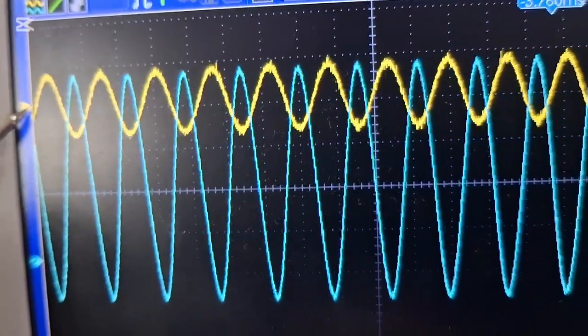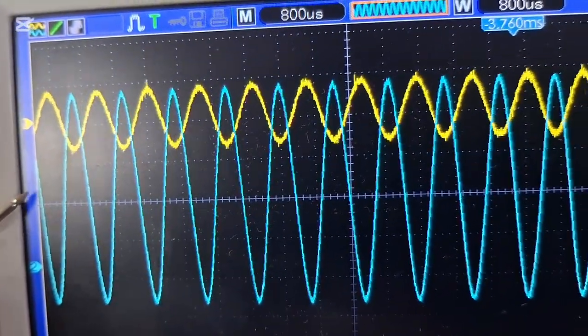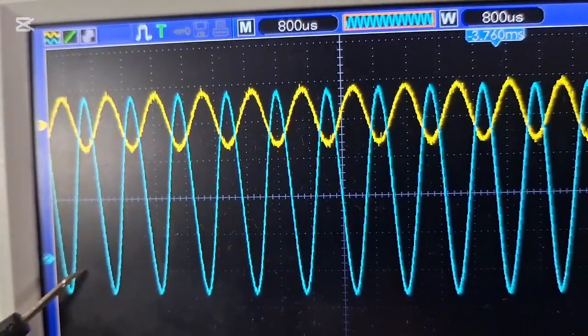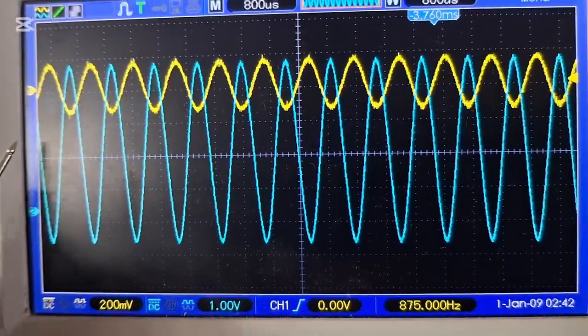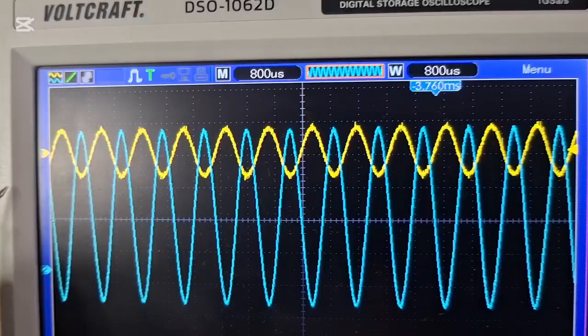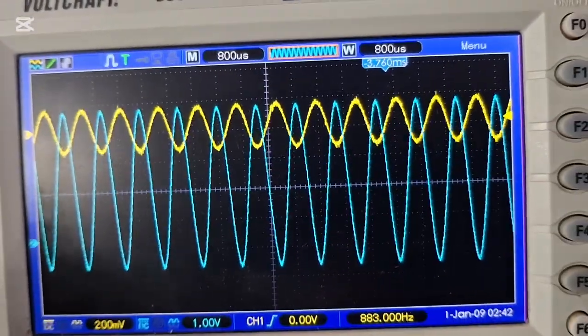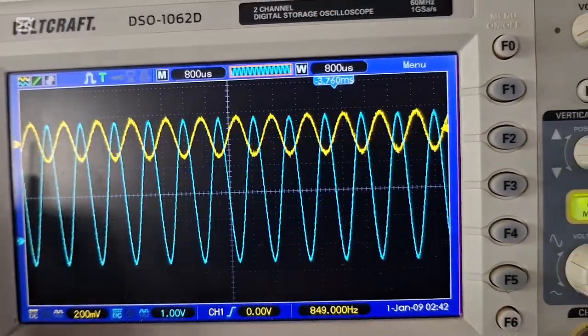As the input is rising to the positive, the output is going to the negative. This tells you that there is a phase shift of 180 degrees.